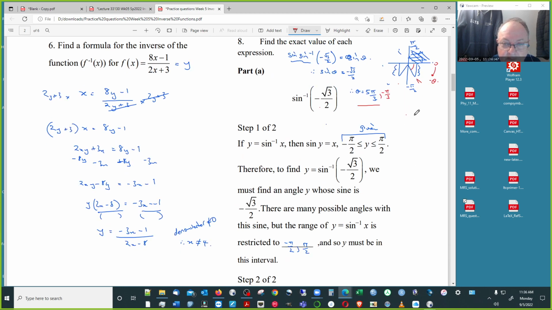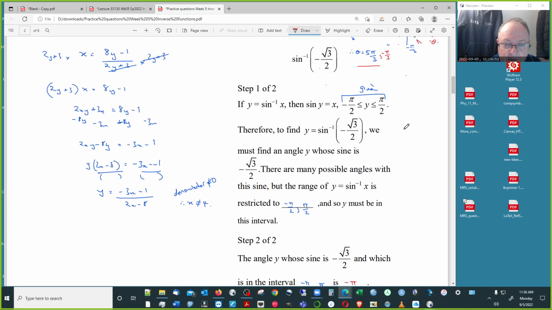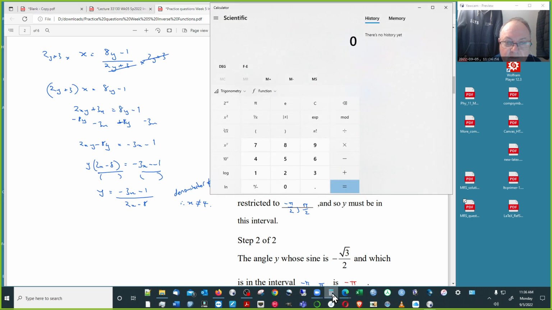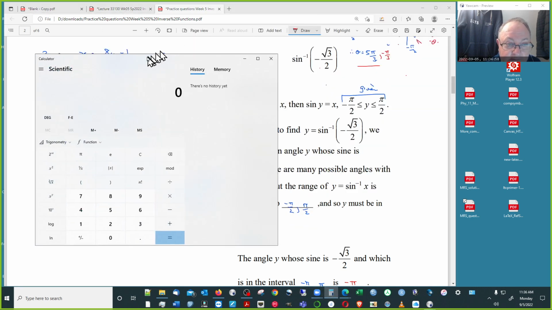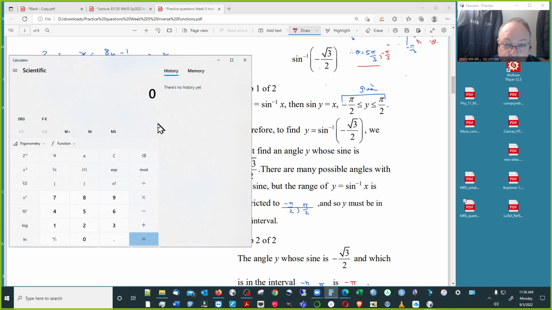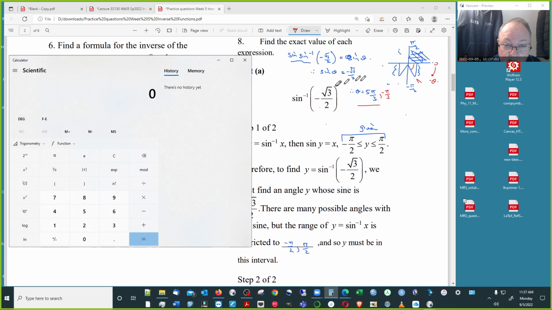Alright, so if you put 5 pi on 3, and I believe that's the correct one, and just to hit this home, I'm going to do the sine thing for 5 pi on 3.